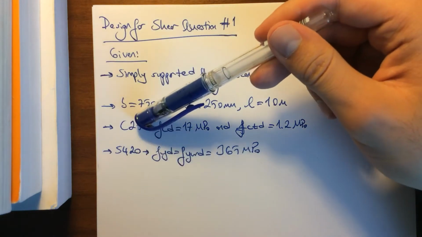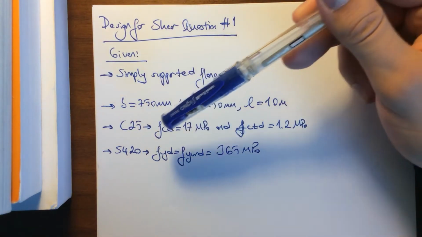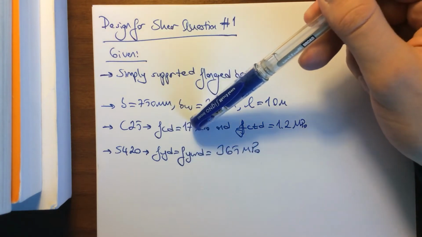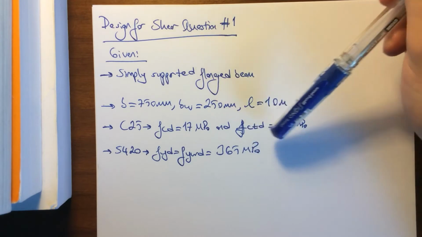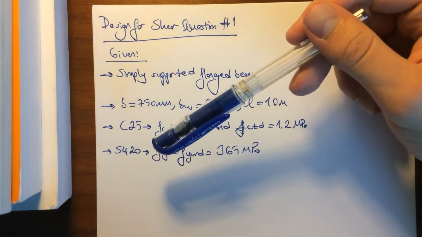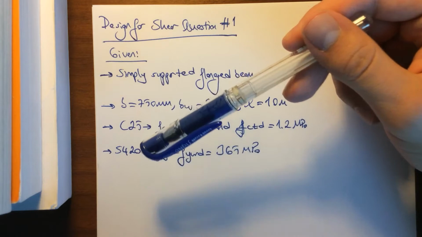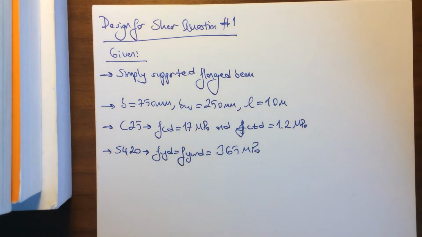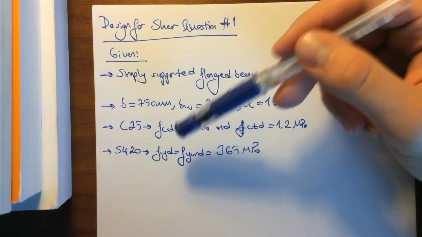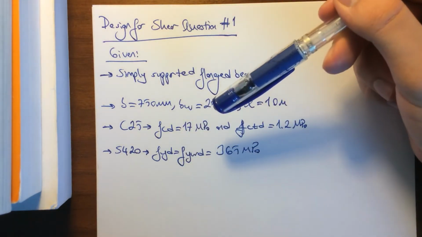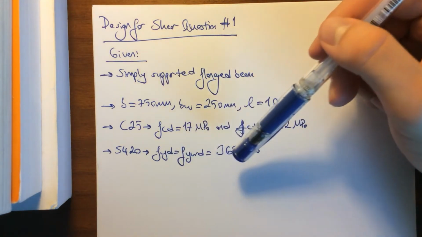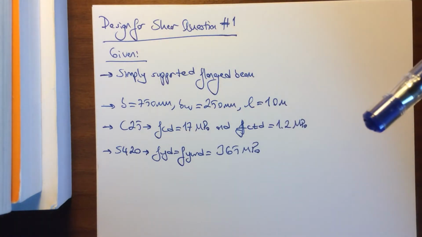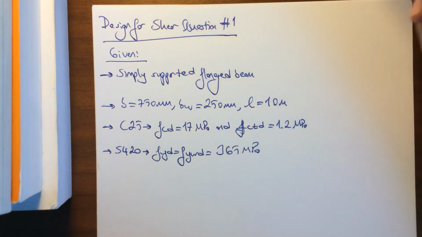We are using C25 concrete, which means that the design strength is 17 megapascals and the tensile design strength is 1.2 megapascals. And also we are using an S420 steel, which we're going to use both in the longitudinal bars and at the shear reinforcement, which means the yield design and the yield web design will be equal to each other with a value of 365 megapascals.